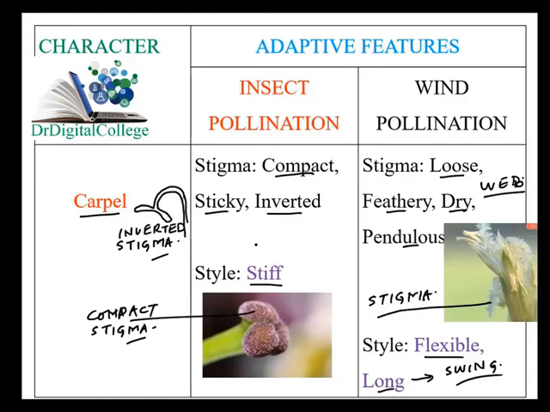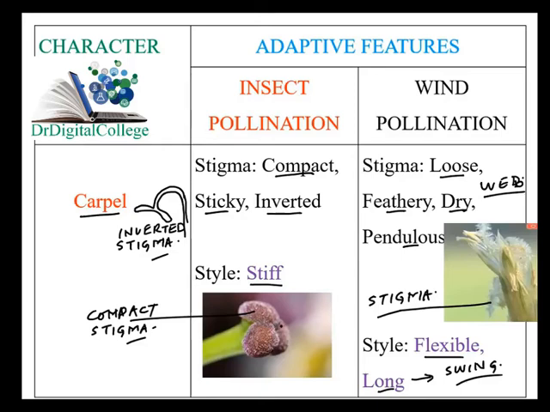Okay. On the other hand, it should be stiff, just like that of the stamen, in which the anthers are stiff and the filament is stiff. Anthers are compact, filament is stiff. So is here that the stigma is stiff, stigma is compact, and the style is stiff, so that when an insect touches it, it will remain at its place.